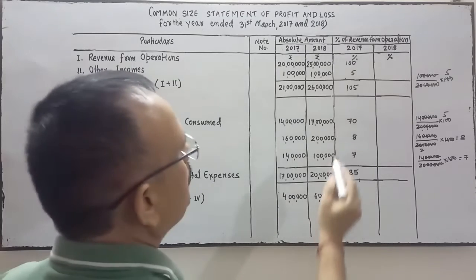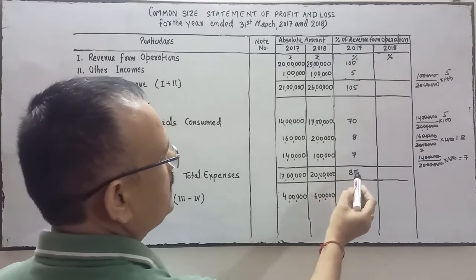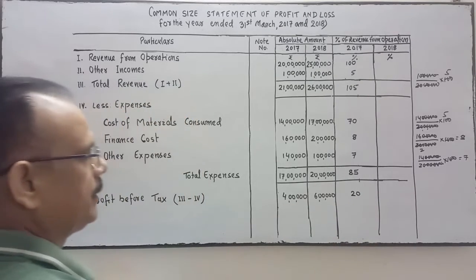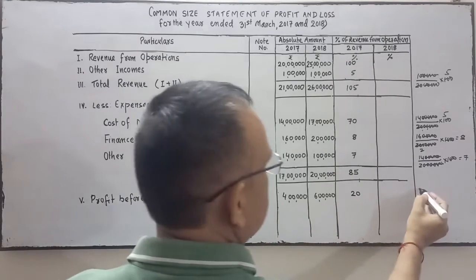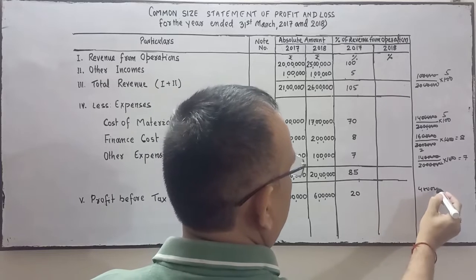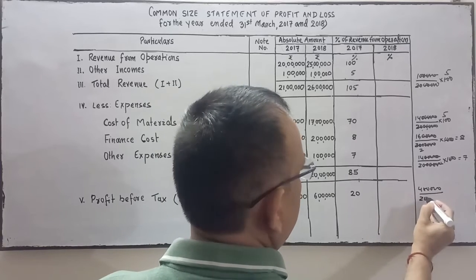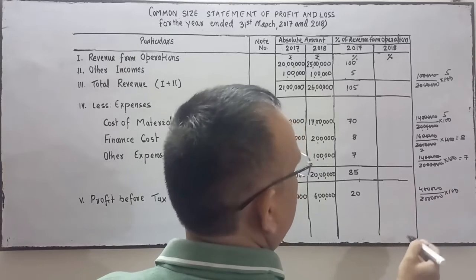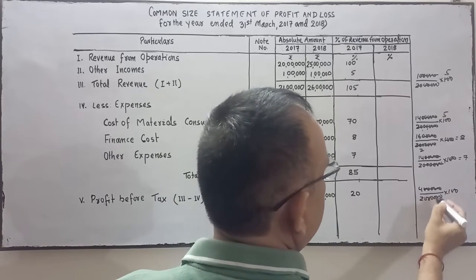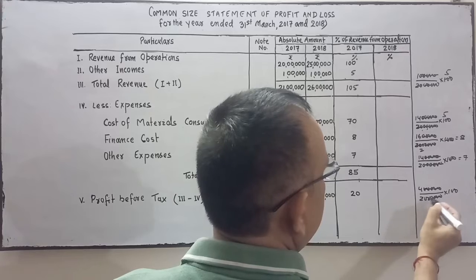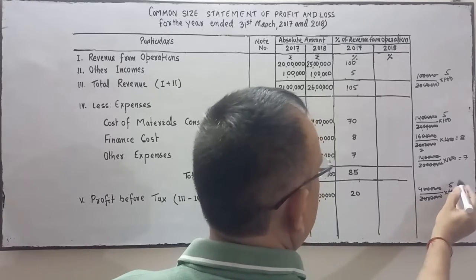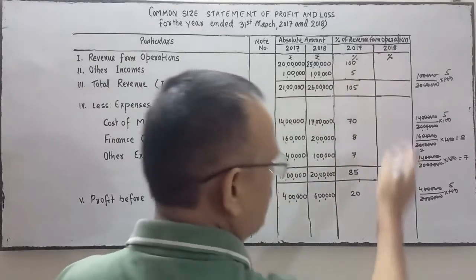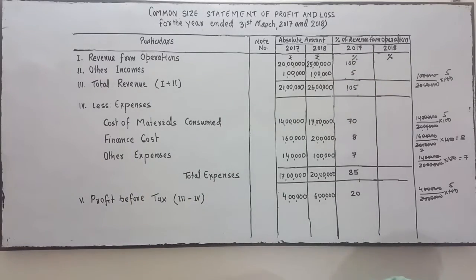Okay, so 105 minus 85, it is 20. Automatically you will get 20. You can find it out: 4 lakhs upon 20 lakhs revenue from operation into 100. So it is 20%.